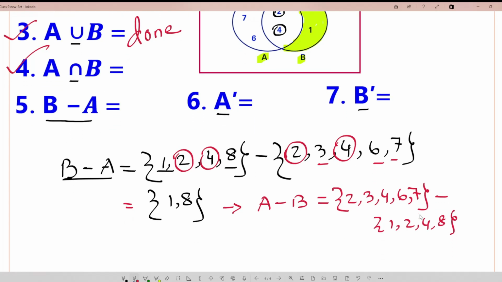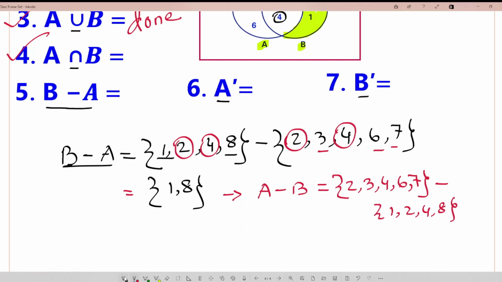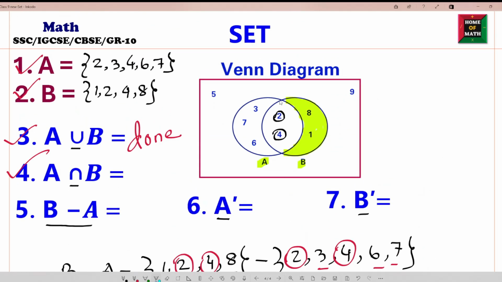This time also 2 and 4 are removed because they are common, and our answer should be 3, 6, 7, which we can mark like this. Okay, we will get only 3, 6, 7.